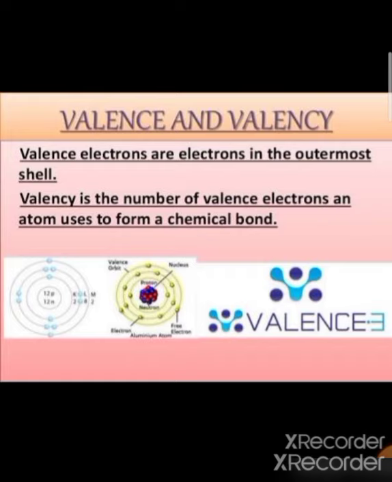The outermost shell electrons which are capable of bonding, or the total number of valence shell electrons which create bonds with other atoms, is known as the valency of that atom. The valency is the number of valence electrons an atom uses to form a chemical bond.